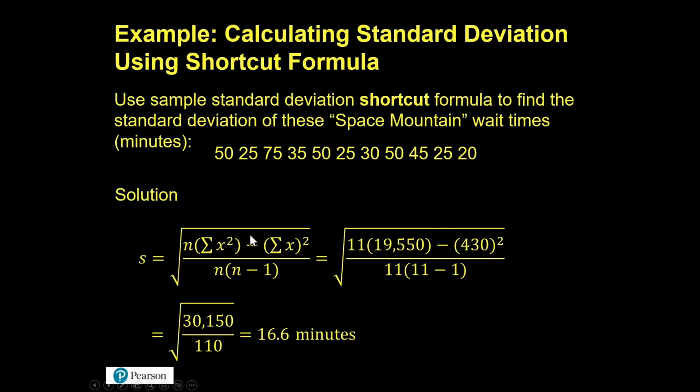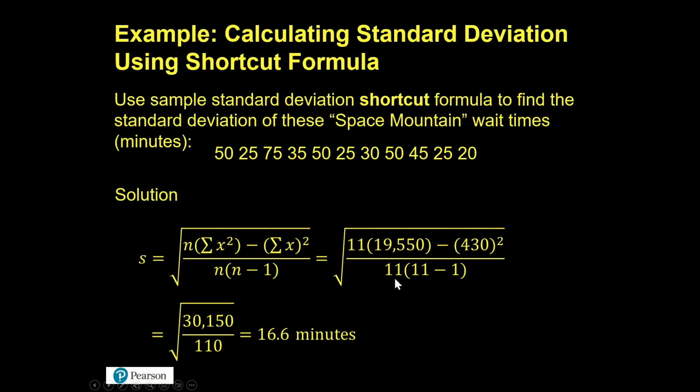And then we have here minus parentheses sum of x parentheses squared. So that's going to be minus 430 squared, which we said was 184,900. Okay. And then this is all over n times n minus 1.